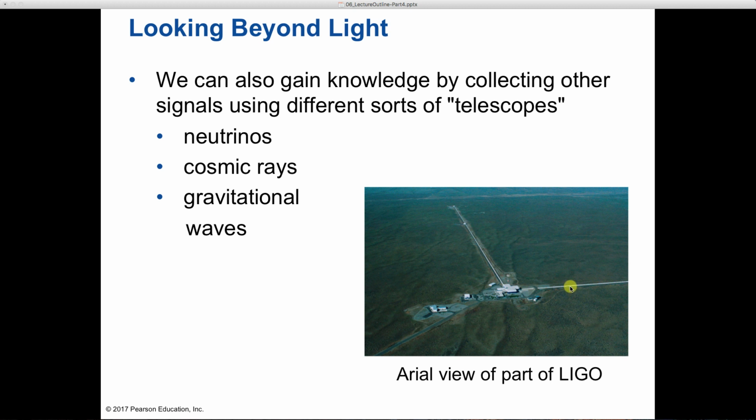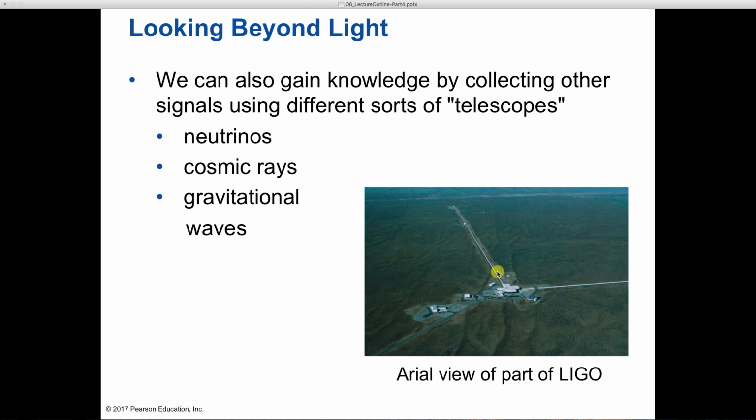Very, very small changes. But very small changes in these very long tubes make a fairly big change in the pattern you see when the 2 laser beams intersect. So by looking for changes in the pattern, you can detect these gravity waves that are very, very weak.